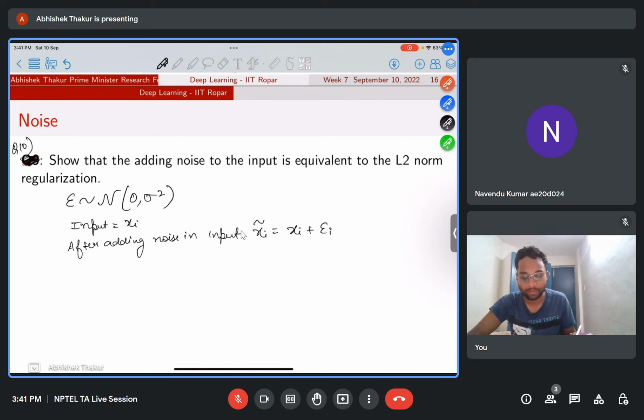Okay. And we know that the estimated value, that is y hat, is given as the summation from i equal to 1 to n of wi xi. This is the estimated value.